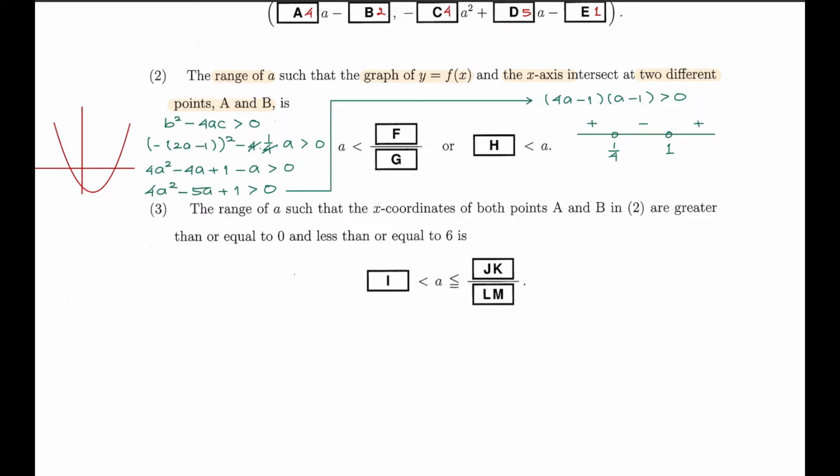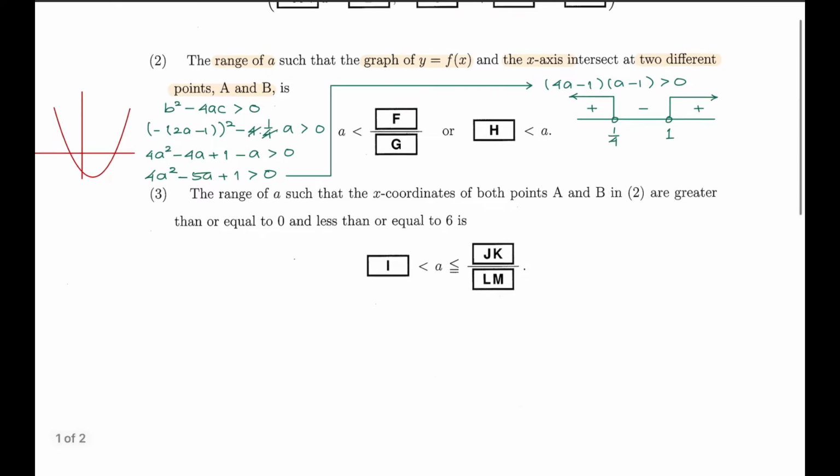After that, since I want the region which is greater than 0, it means positive, right? Greater than 0 means positive value. Then this is the region that satisfies the inequality. So the solution is a less than 1 over 4 or a greater than 1.